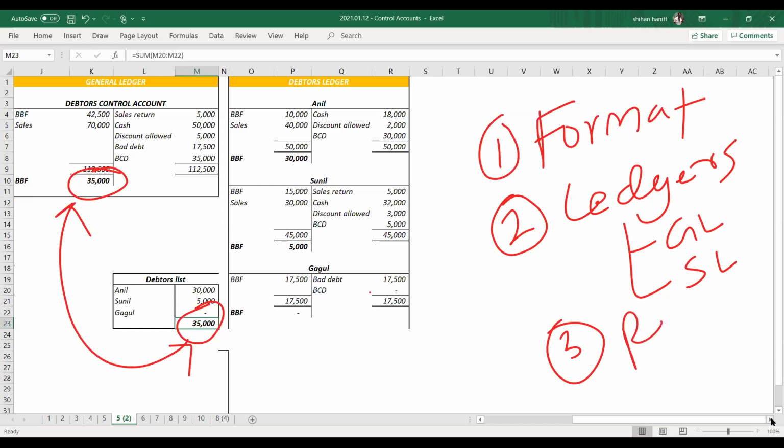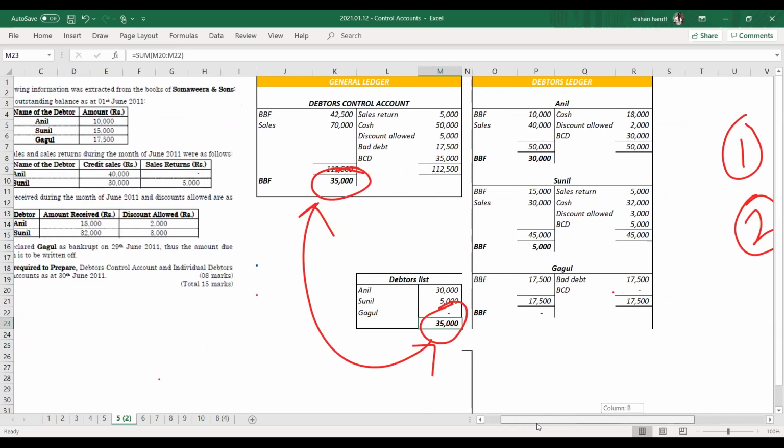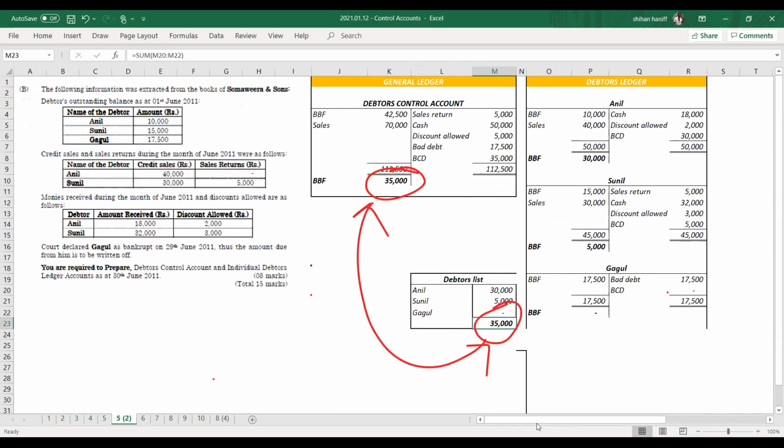Part 3 is reconciliation, which is the next step. I will just brief you today, and in the next class on Thursday I will explain the full concept of reconciliation. That is very, very important. I think every question in the A-level paper has a reconciliation part. To do the reconciliation, you need full knowledge of preparing the general ledger and the sub ledger.